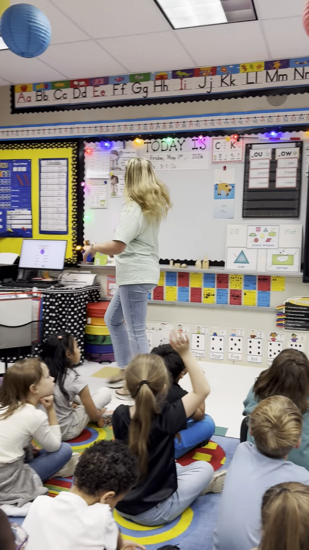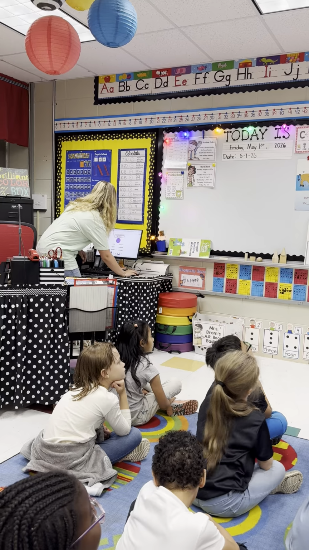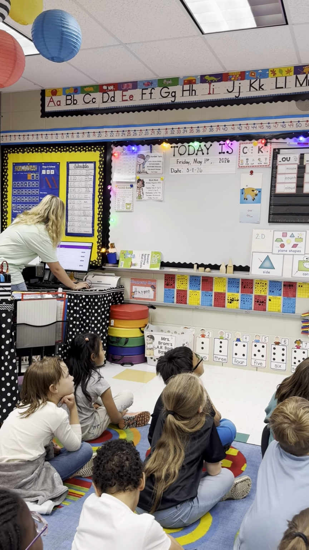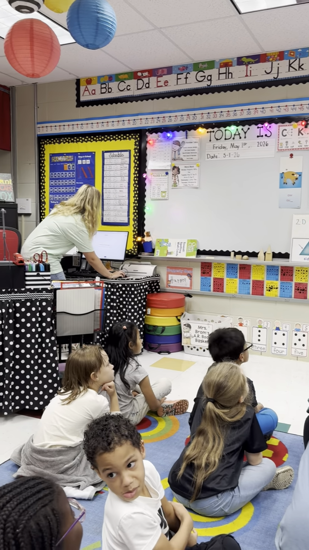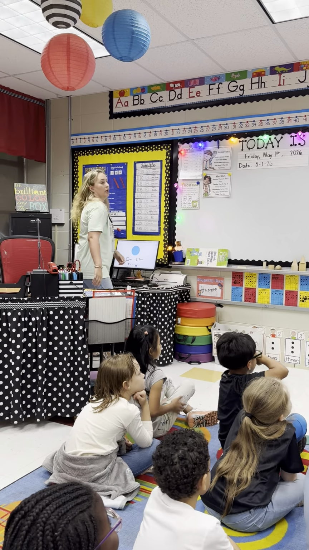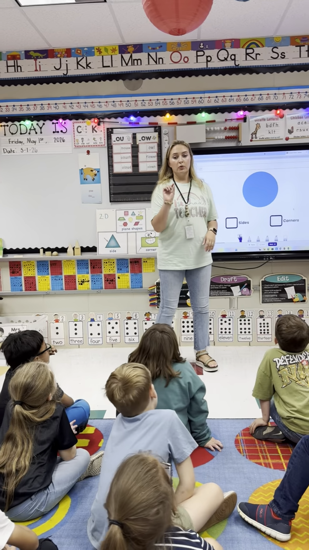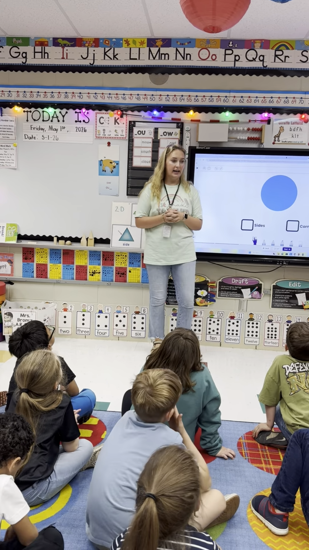Let me show you your next seesaw. Your next one is about the other thing we talked about. Let's see, here it is. You are going to tell me the shape's attributes. So you're going to use the marker tool and tell me how many sides it has.